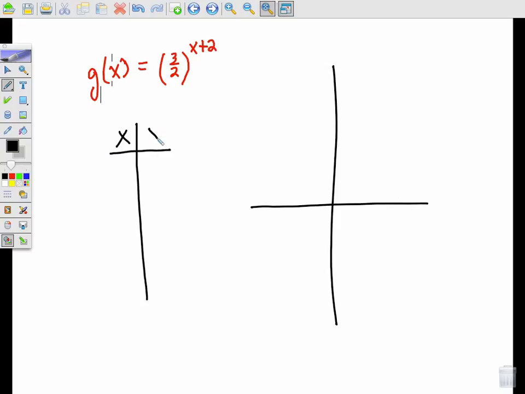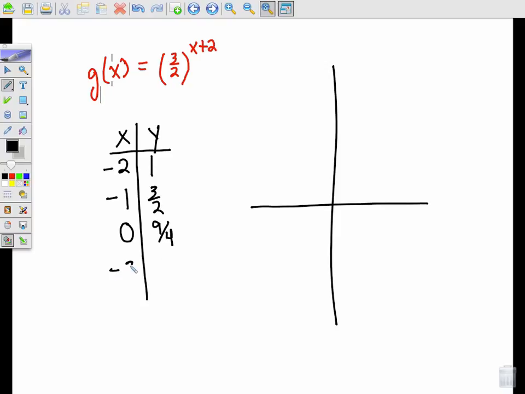Let's do that by plotting some points. So let's put -2 in. If I substitute that in, I get 3/2 to the 0, which is 1. Let's put -1 in. 3/2 to the first power, so that's 3/2. Let's put 0 in. 3/2 to the second, which would be 9/4.